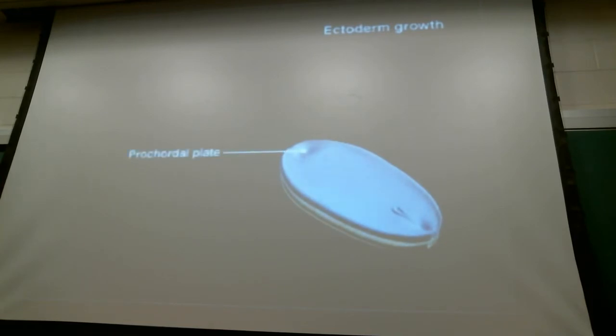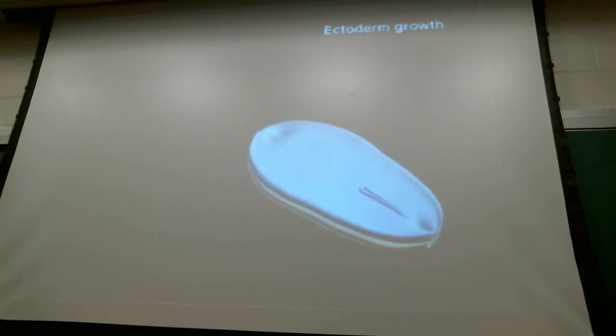So this step happens 2 to 3 weeks of our life. So you can see this blue one is the ectoderm. And from this part, you will see something like a scratch. This is called a primitive streak, and that will extend, right?